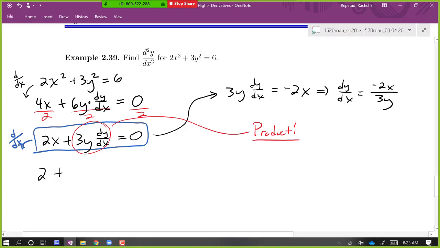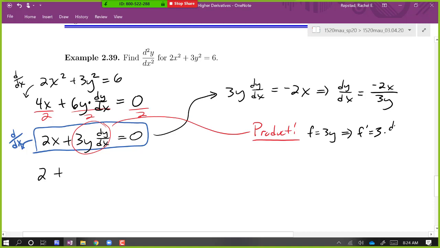So our f function would be 3y. And what's f prime? Close. What variable are we differentiating with respect to?